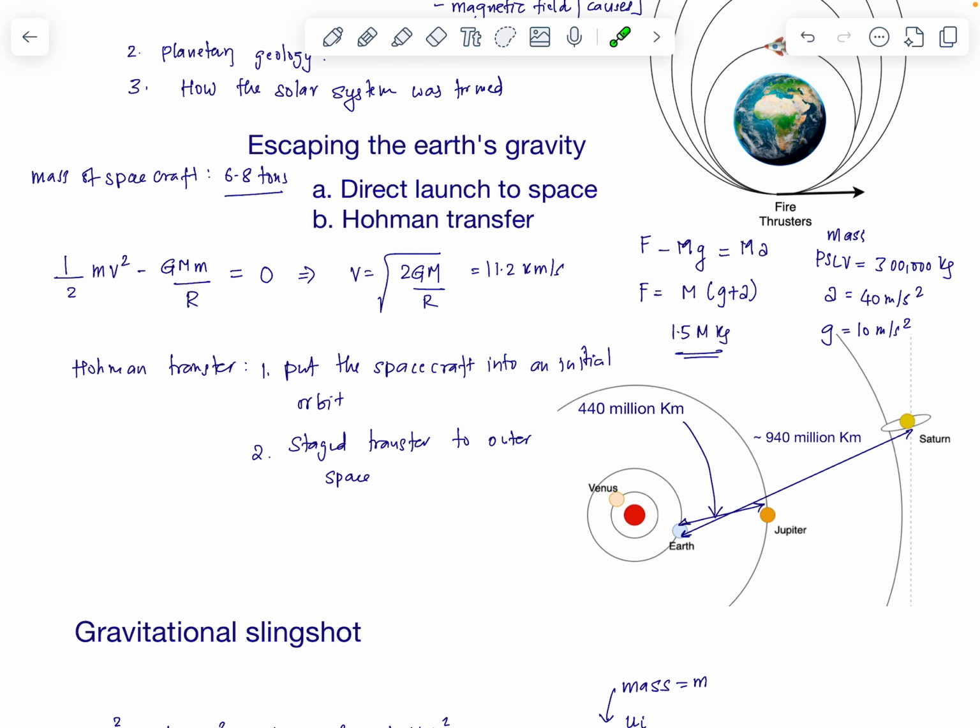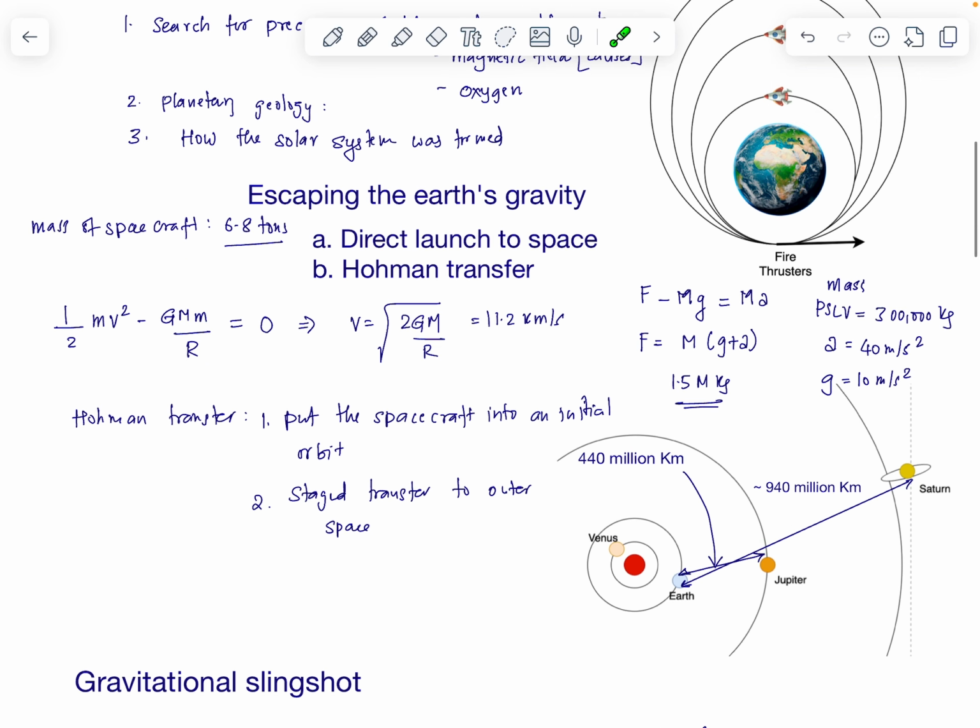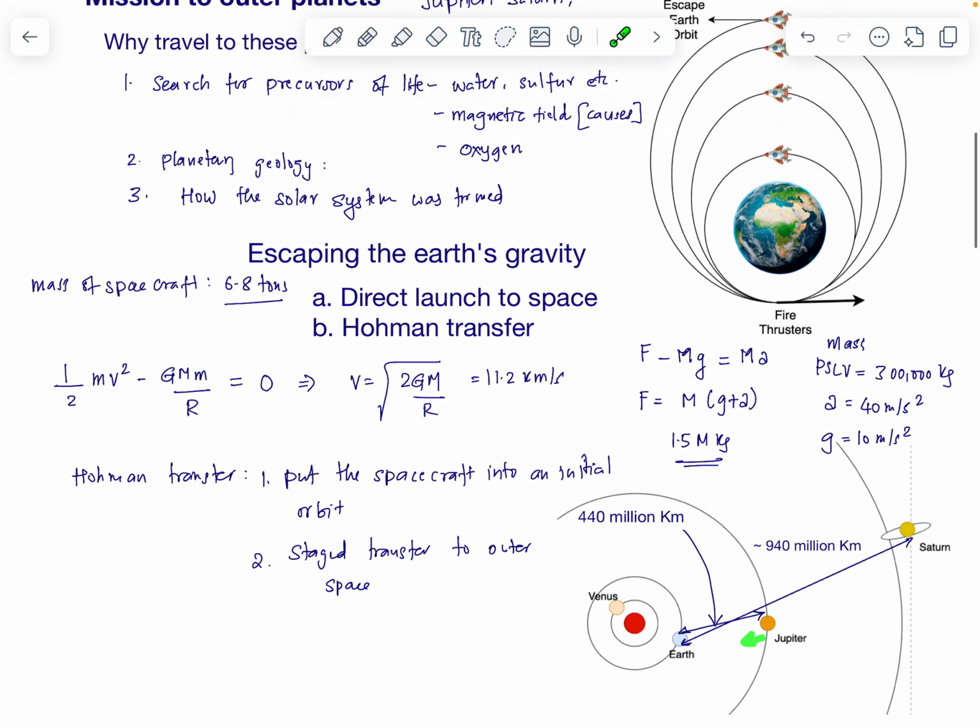So the thing is, how do you get this thing to orbit Jupiter or to orbit Saturn? What happens here is that when the spacecraft reaches close to Jupiter, you start firing thrusters in the opposite direction and you decelerate the spacecraft, right?